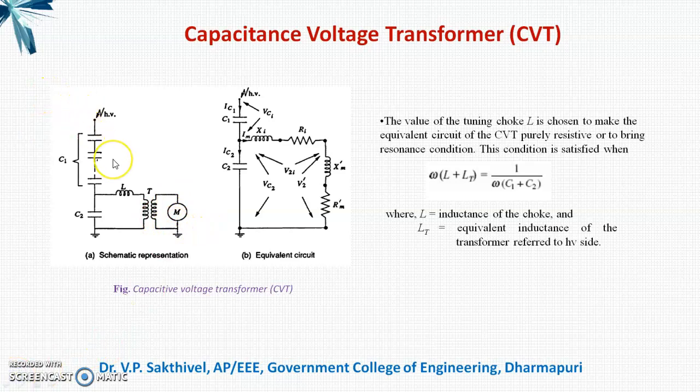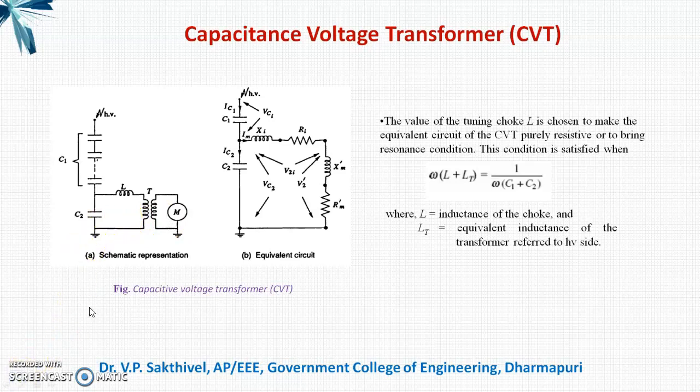Here the capacitance potential divider reduces the input voltage to a relatively low value, and this low value is fed to the primary of an isolating transformer to give a low secondary voltage. This secondary voltage would be a very low value.